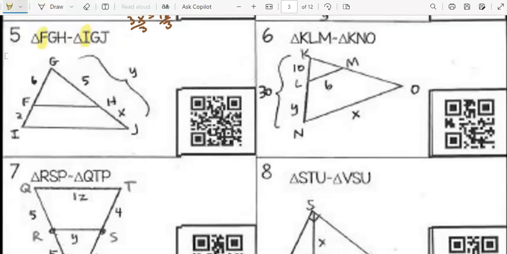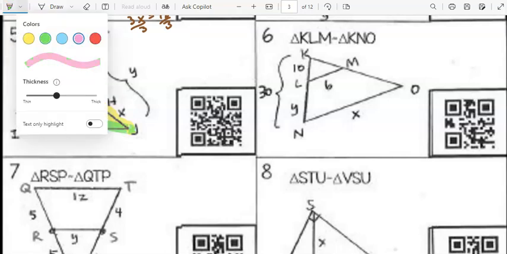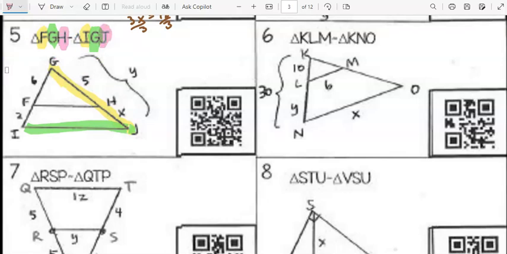F goes with I. And then G goes with G. And then H goes with J. If we set up the proportion, we want to find y first. 6 over 5 is equal to 8 over y. 8 is the 6 plus 2.